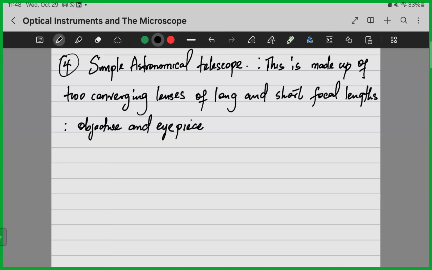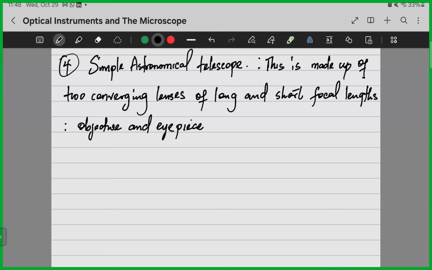Then the second image, or the final image, produced by the divergent lens, the eyepiece in this case, is virtual, erect, and magnified.